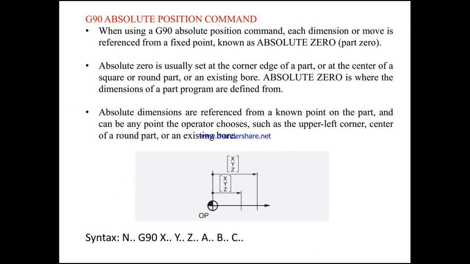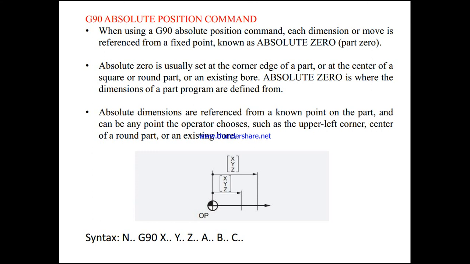G90, which I have told about, is the absolute positioning command, and G91 is for incremental. So what exactly is this absolute positioning command? When using the G90 absolute position command, each dimension is moved with reference from a fixed point.